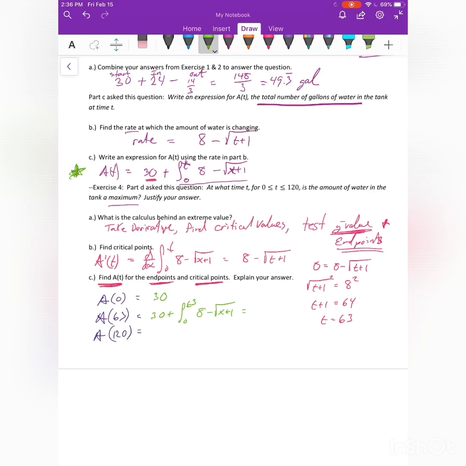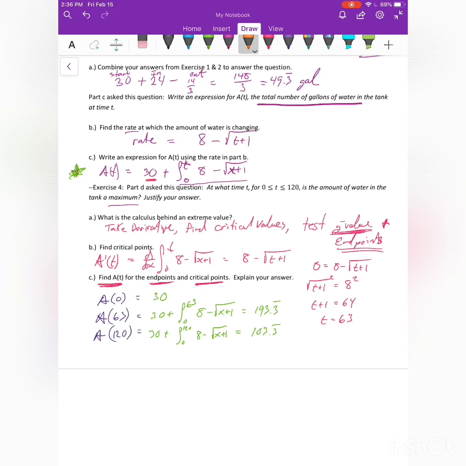This is one where I'd probably want you to actually use a calculator to test these, because there's going to be a couple of them. So this one is 193.3 repeating. That's the amount of water in the tank at that time, and then do the same thing with 120. Remember, again, I'm going to show you how to do this if I haven't already in a calculator. And when you put in 120, you get 103.3 repeating.